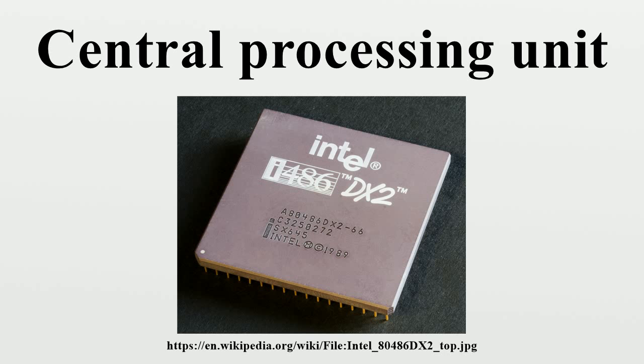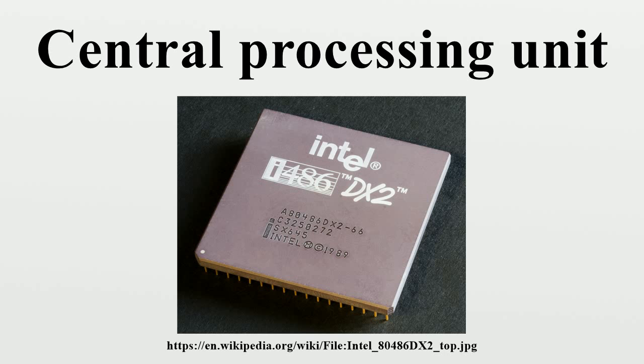Fetch. The first step, fetch, involves retrieving an instruction from program memory. The instruction's location in program memory is determined by a program counter, which stores a number that identifies the address of the next instruction to be fetched.